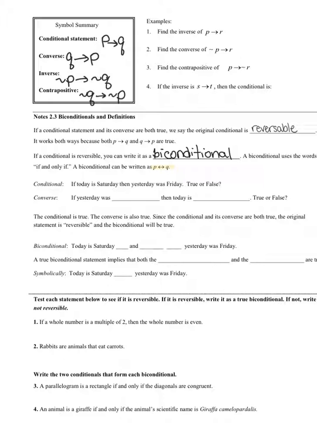So if my conditional statement is, if today is Saturday, then yesterday was Friday. Is that true or false? Well, that would be true. So if I do the converse, switching the hypothesis and conclusion, I would say, if yesterday was Friday, then today is Saturday.